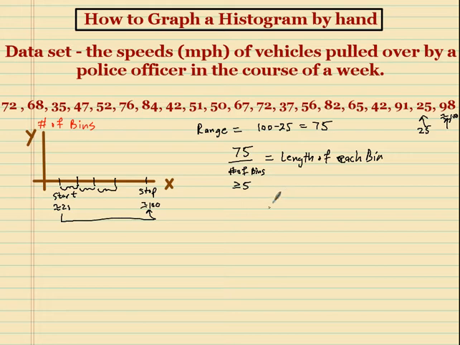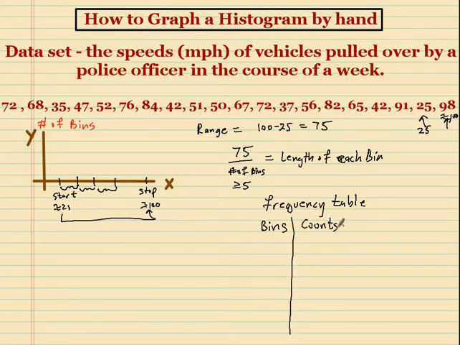But to help us organize our thoughts, we make what's called a frequency table, I believe. We'll start off with the bins. This is going to be the counts, which just helps us organize. This is going to be the frequency.